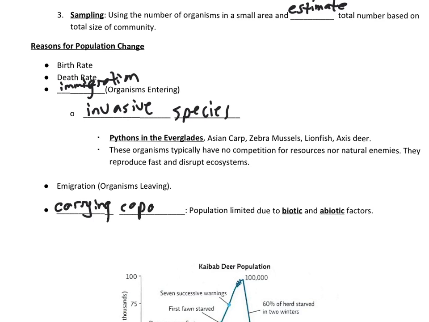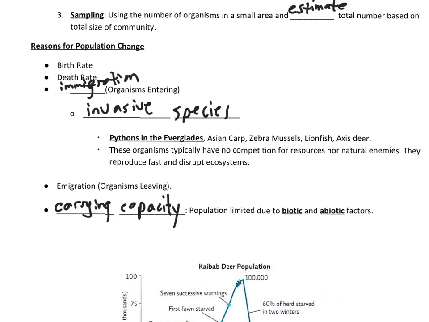Right? And capacity is just the limit or number of things that can be in a space. And carrying capacity is basically the resources available to those organisms, and how much the ecosystem can handle.